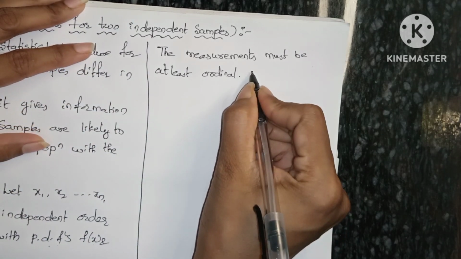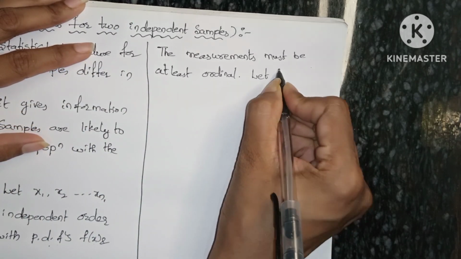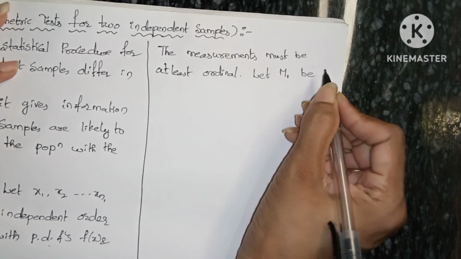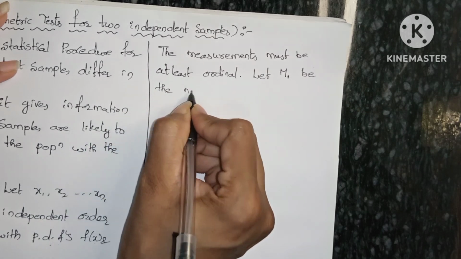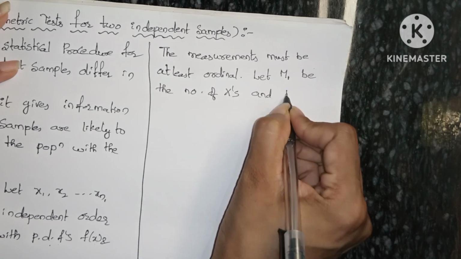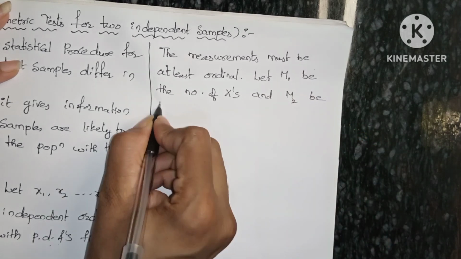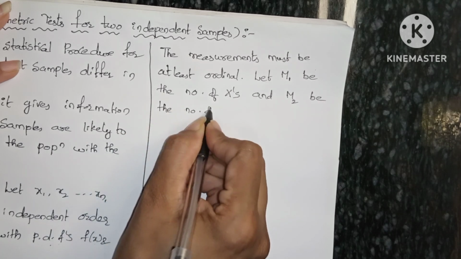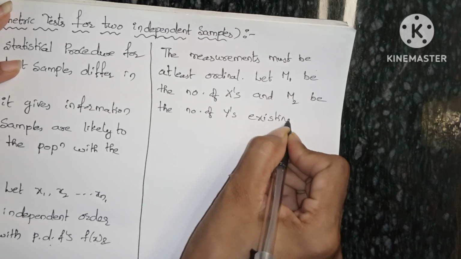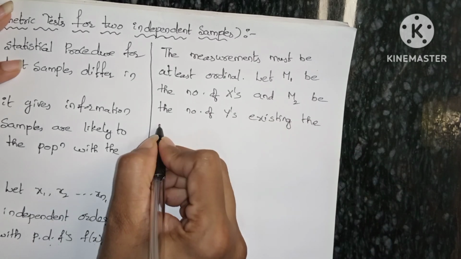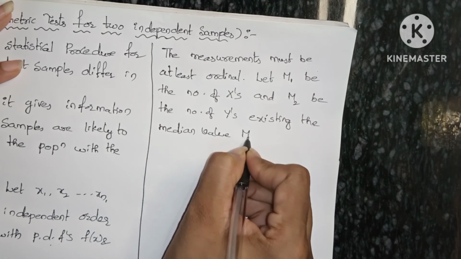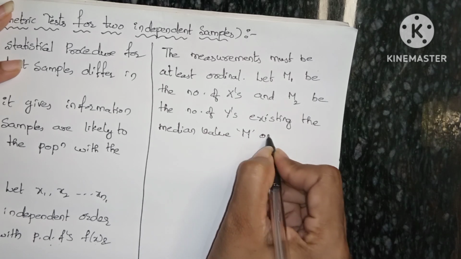So let m1 be the number of x's and m2 be the number of y's exceeding the median value m of the combined sample.